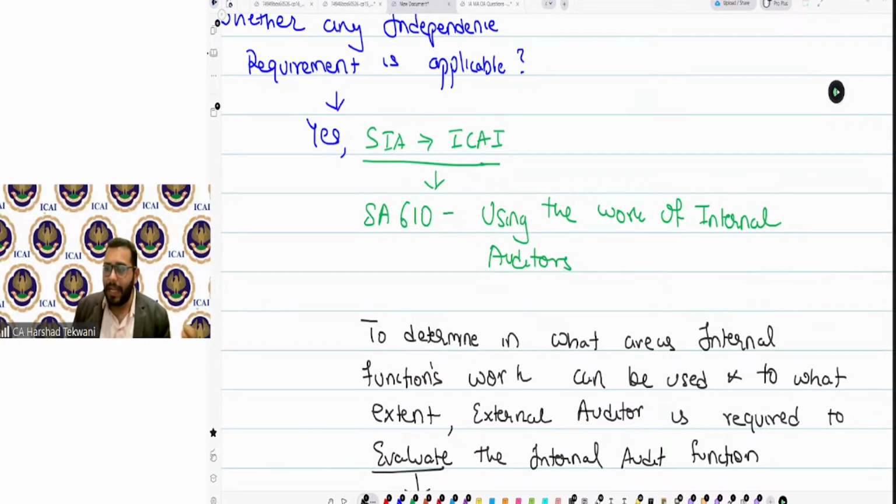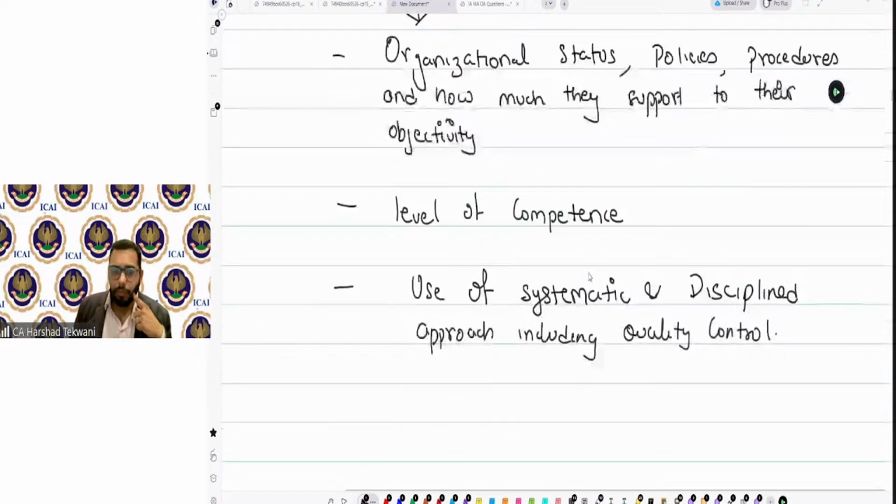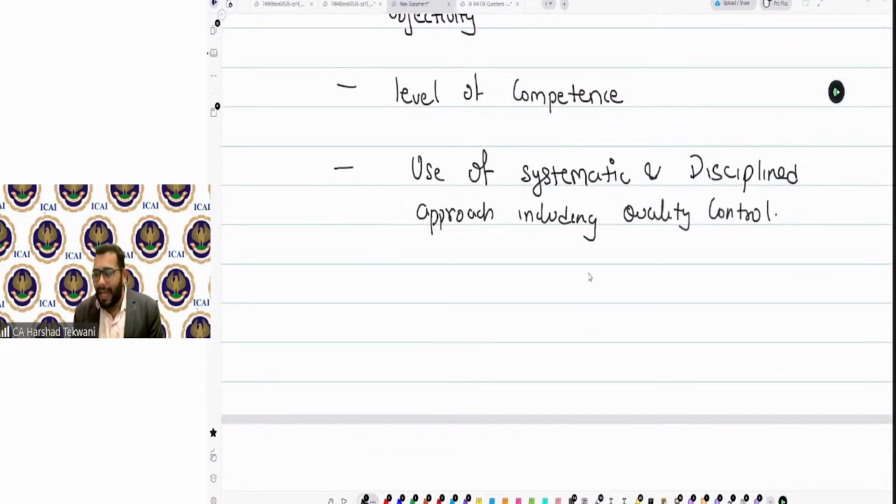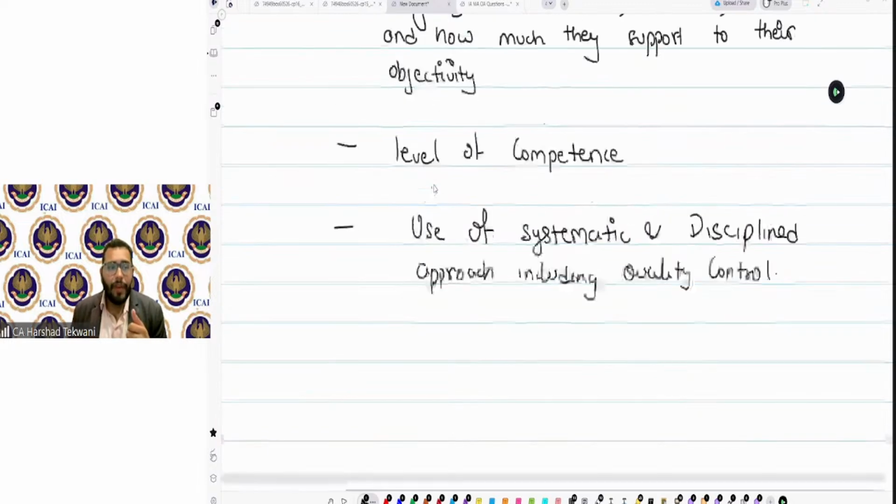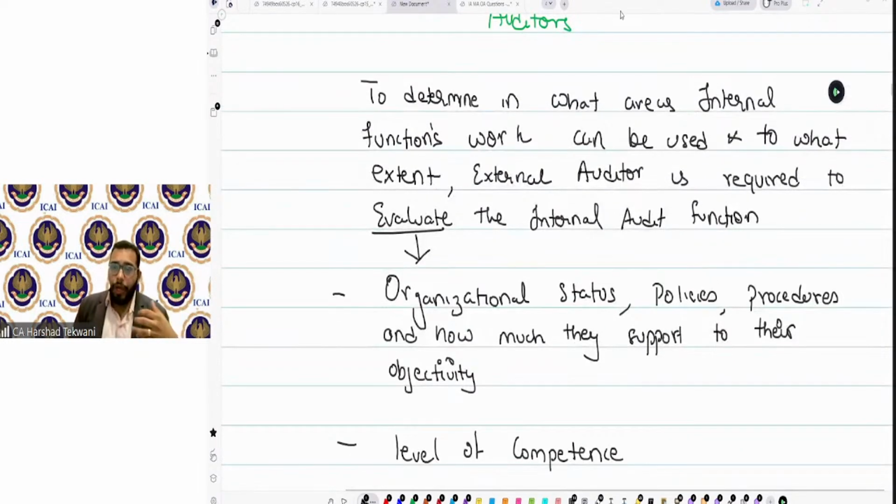Can anyone tell me certain areas where the external auditor cannot rely upon the work of internal auditor? Yes, Namrata, a private company can be internal auditor of a listed company unless and until the board agrees to appoint them. Which are the areas where the external auditor cannot rely upon the work performed by internal audit function? We have discussed this in SA 610. What are those areas, guys?